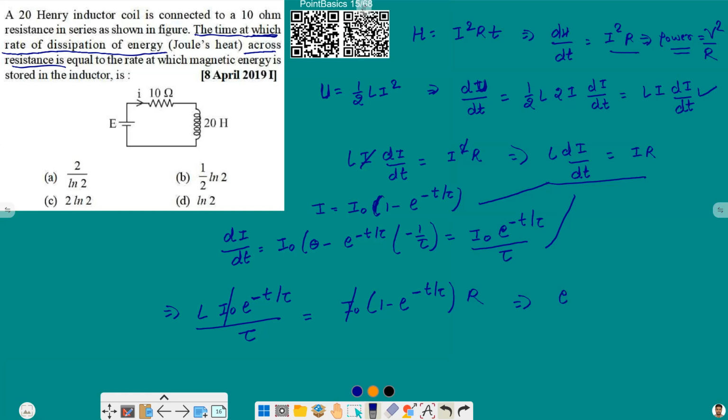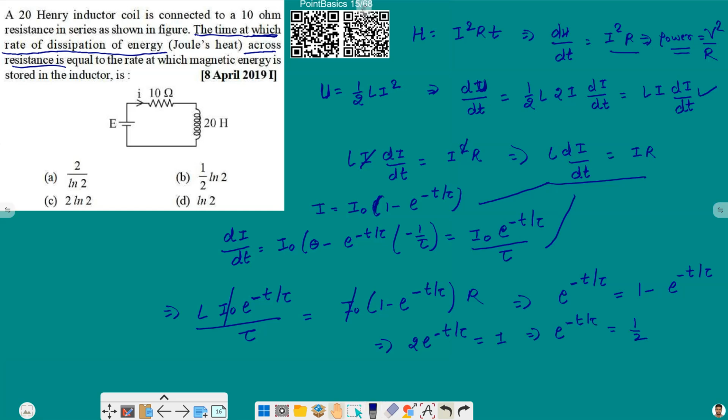We will be left with e^(-t/τ) is equal to 1 - e^(-t/τ). Further, these two terms will add, so it will be 2e^(-t/τ) is equal to 1, or e^(-t/τ) is equal to half.